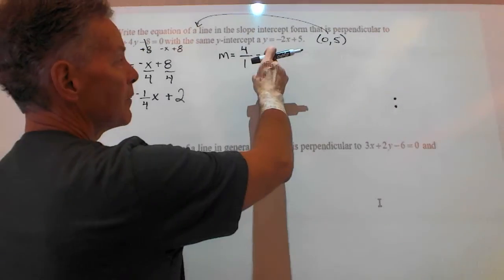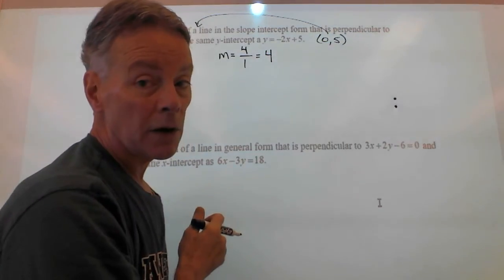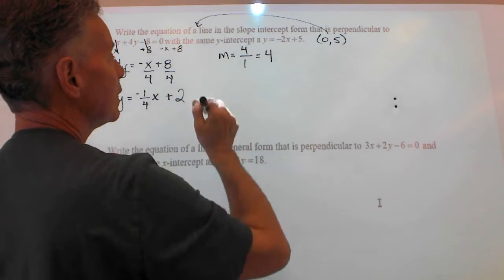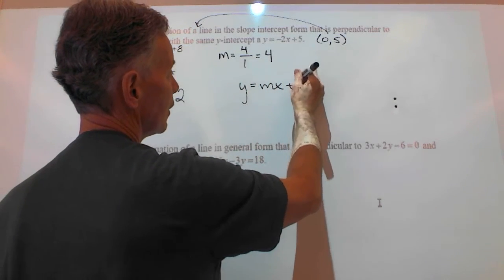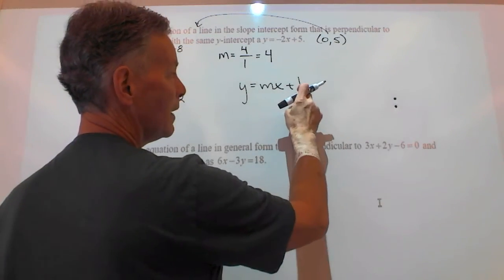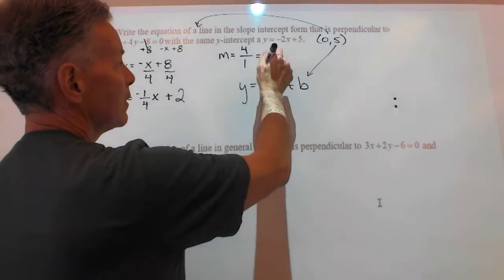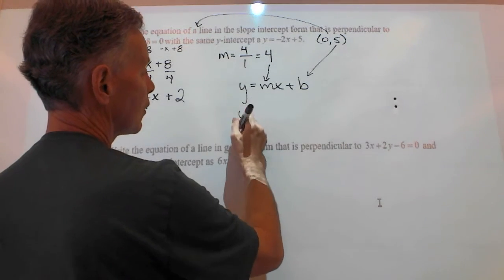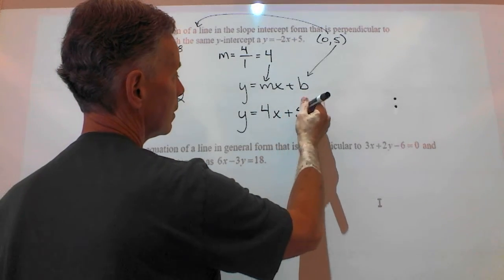So, if we have the slope and we have a point, and luckily it's the y-intercept, we can just say, okay, for our mystery line in slope-intercept form, which remember is y equals mx plus b, what we need is the y-intercept, well, look at that, and the slope, again, look at that. And that gives us our final answer, y equals 4x plus 5.